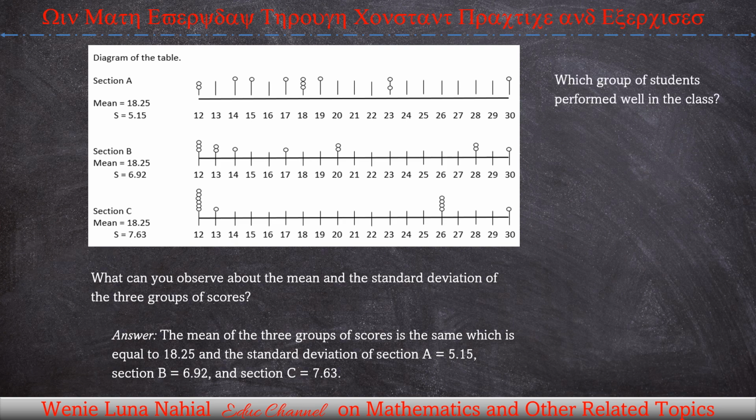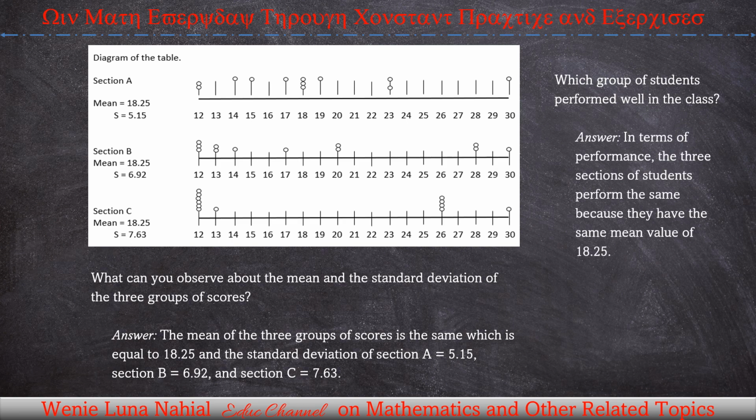Then the next question: which group of students performs well in the class? In terms of performance, the three sections of students perform the same because they have the same mean value of 18.25.